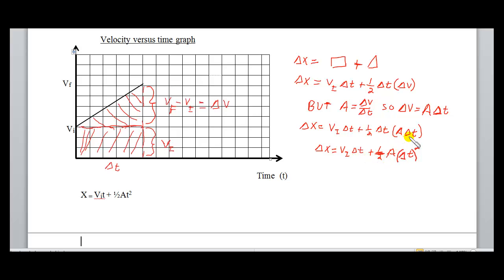Delta t times delta t gives me delta t squared. Now I don't have to write down the deltas. We're talking about a change in time, a time interval, and I want to keep things as simple as possible. So I'm going to simply write my equation for my displacement as equal to the initial velocity times the time plus 1/2 the acceleration times the time squared.